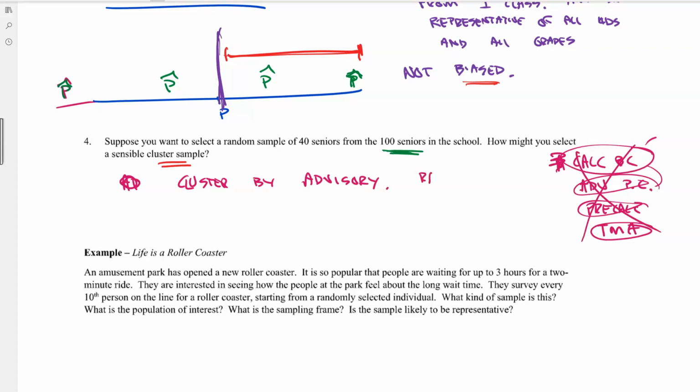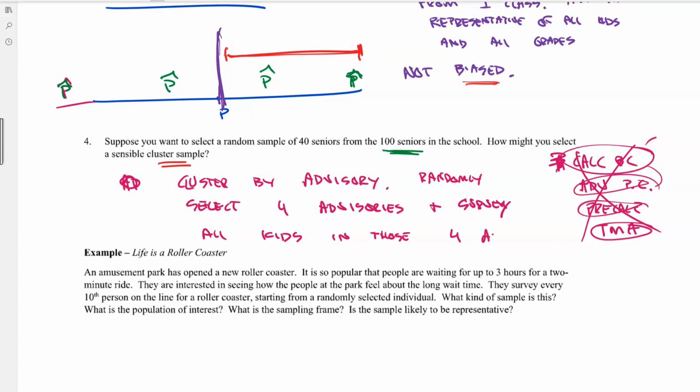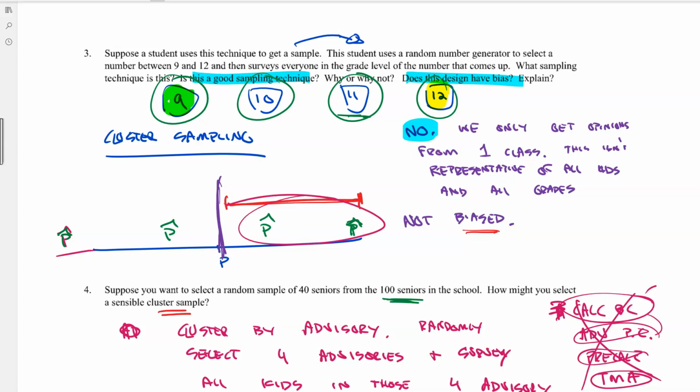I would randomly select 4 advisories and survey everyone in those advisories. I think that would be a pretty effective cluster technique. I don't think I would fall into this pitfall here.